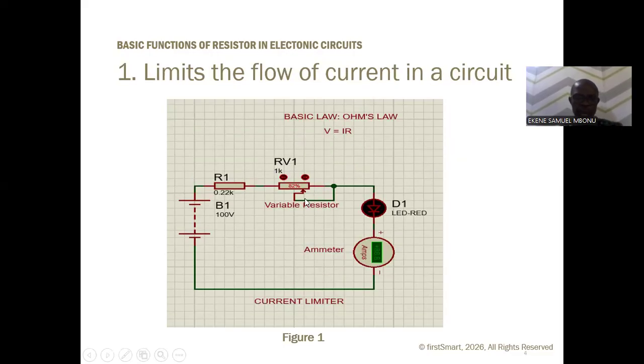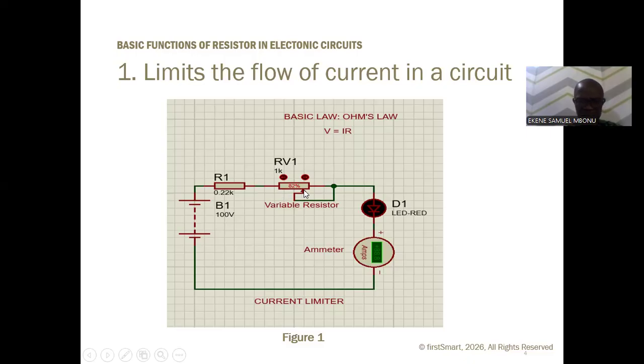So, this is a variable resistor connected as a potentiometer. When we begin to vary this resistor, later we are going to see that the current through this circuit will begin to vary. At the maximum resistance, we have the lowest current.